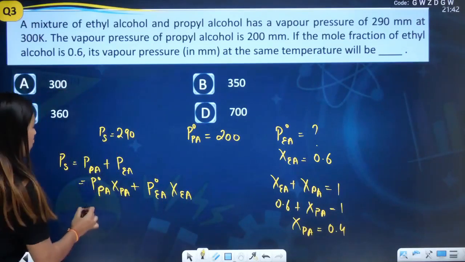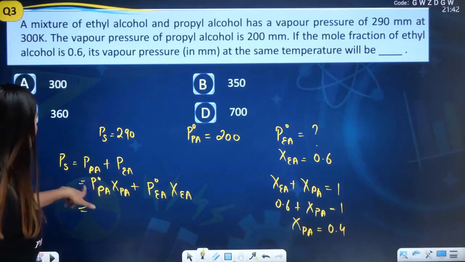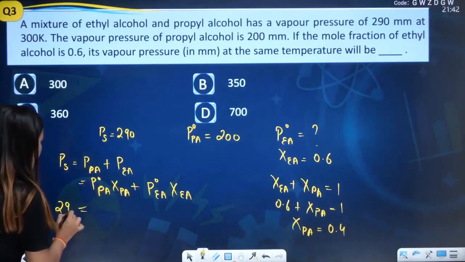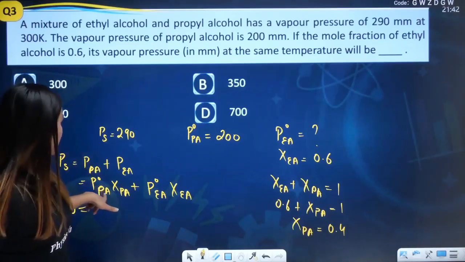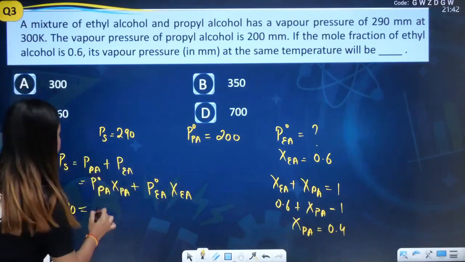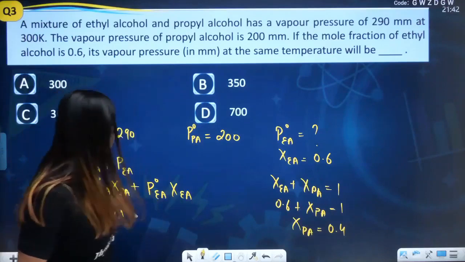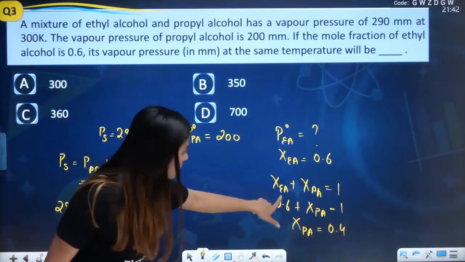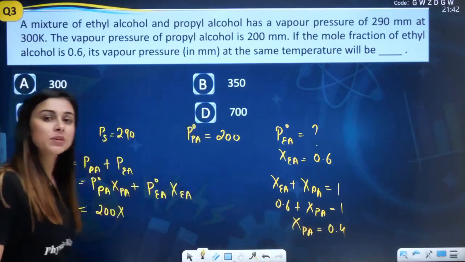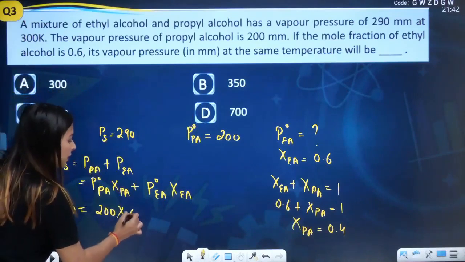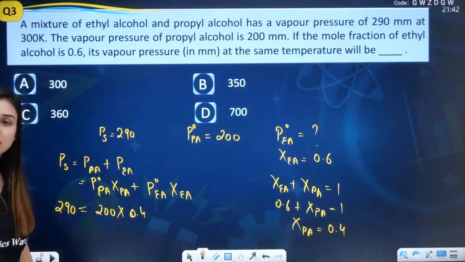Yes. What is the value of PS? PS is given to be 290. Are you given PA naught value? Yes, it is 200. Do you know the mole fraction of propyl alcohol? It is given to be 0.4. So this will be 0.4. I hope this is clear.